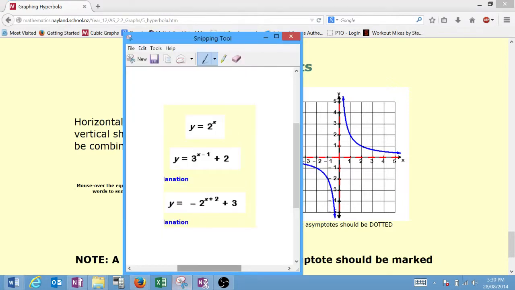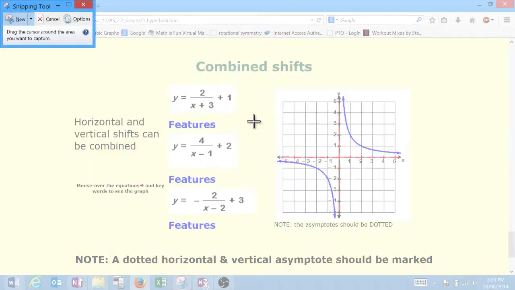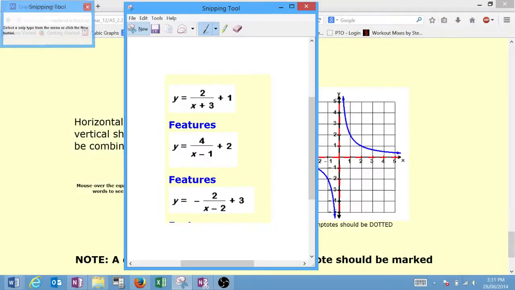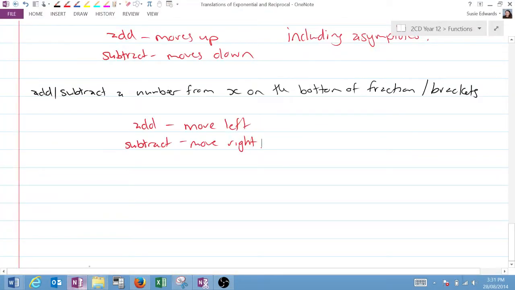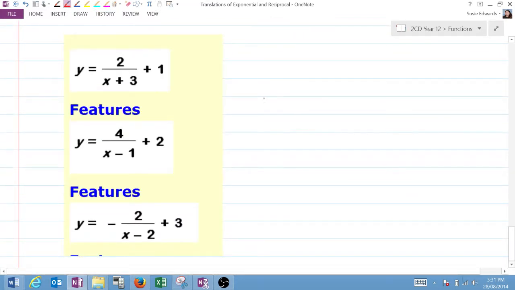So we'll just try these 3. This one here, we're comparing to y equals 2 over x. For this one, we're moving to the left by 3, and we're moving up by 1. So left by 3, up by 1.